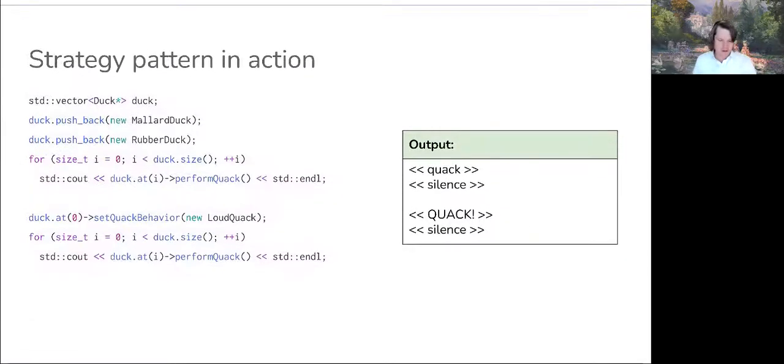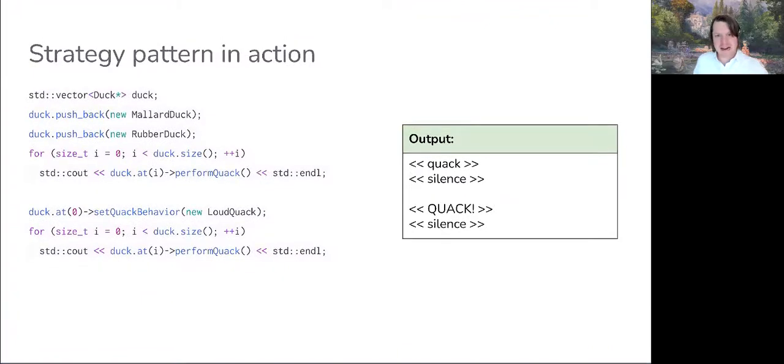Cool. So here's where we can actually see the strategy in action. Let's create a vector of pointers to duck objects, and let's push back a new mallard duck. The new mallard duck's default quack behavior is the quiet quack. We push back a rubber duck, whose default quack behavior is going to be silence.